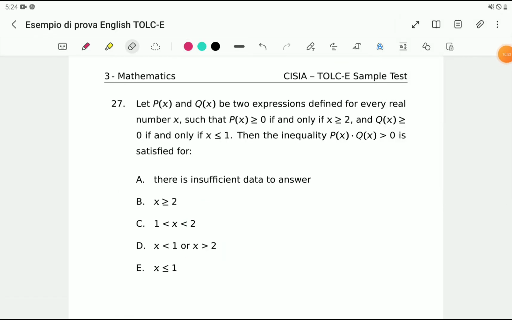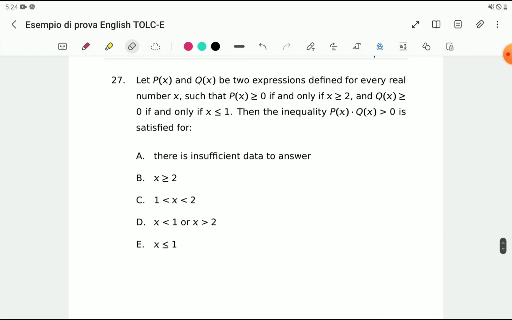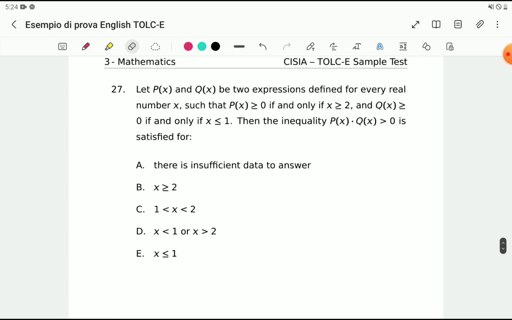So let's start problem number 27. Let P of x and Q of x be two expressions defined for every real number x, such that P of x greater than or equal to 0 if and only if x greater than or equal to 2.